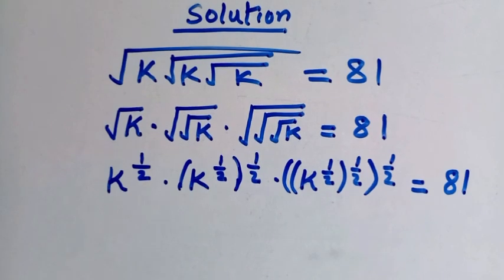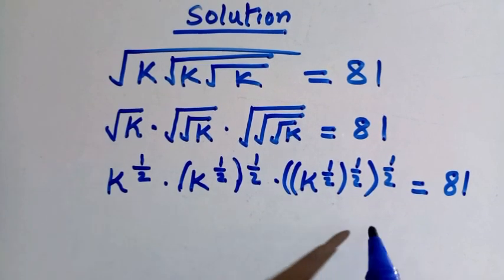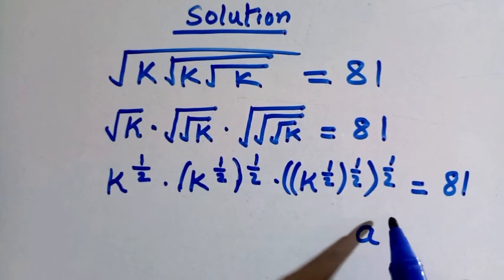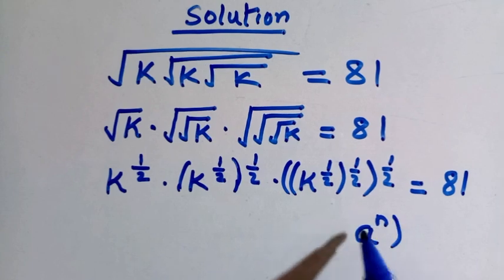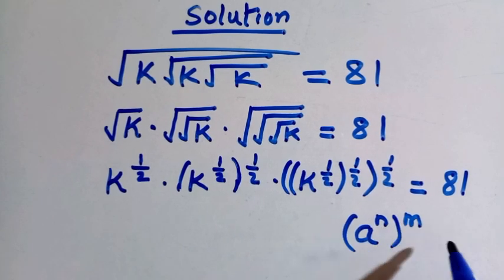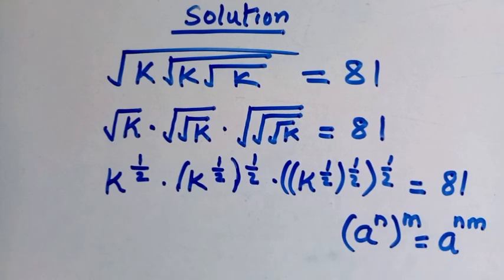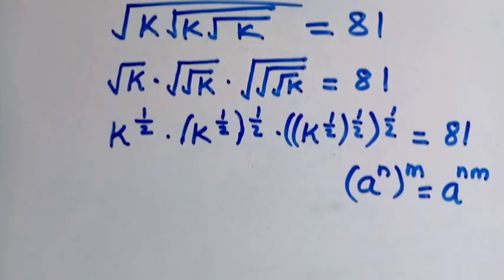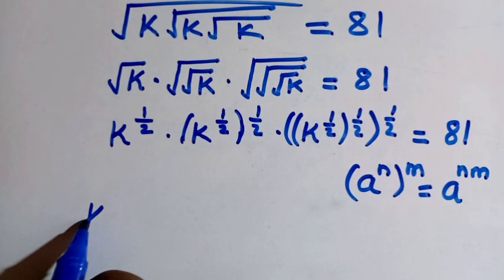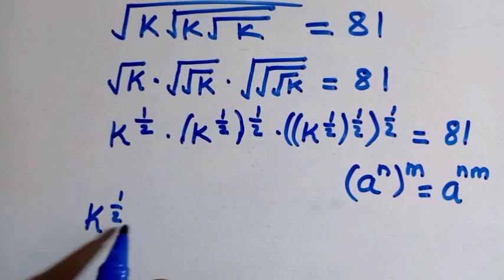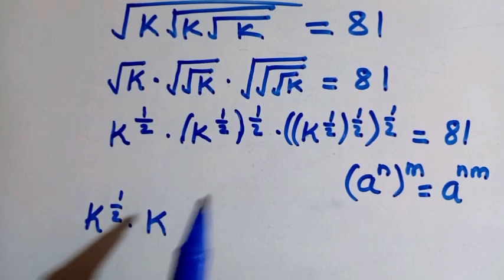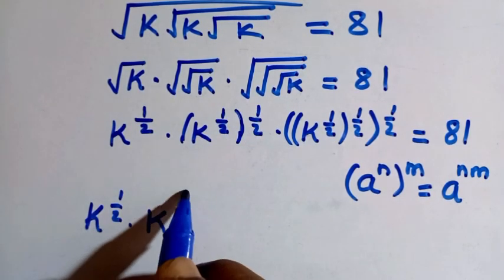And if you consider the rule of exponent, if you have a raised to power n, raised to power m, it equals a raised to power n multiplied by m. That is, we have k raised to power 1 over 2 multiplied by k raised to power 1 over 2 multiplied by 1 over 2.